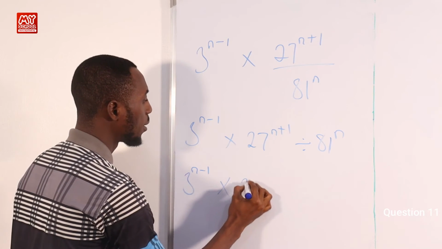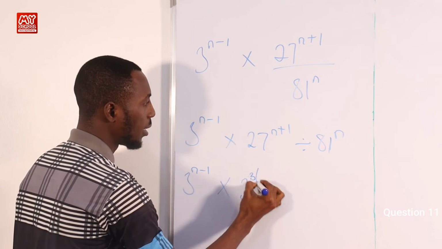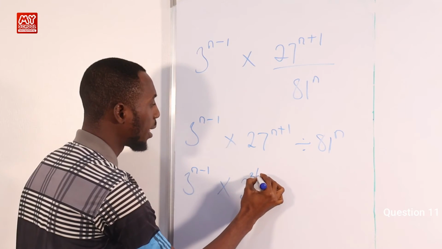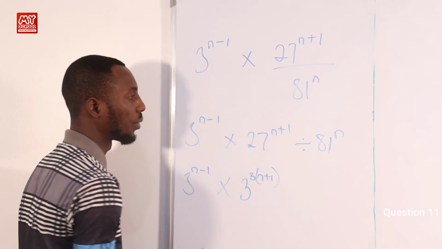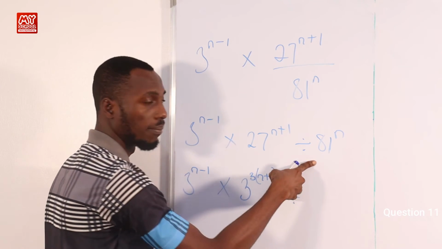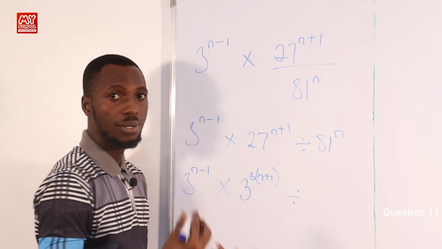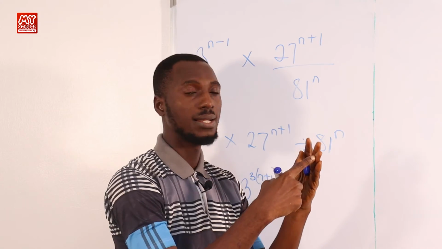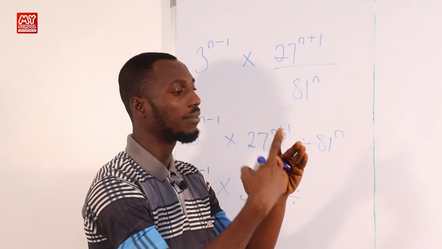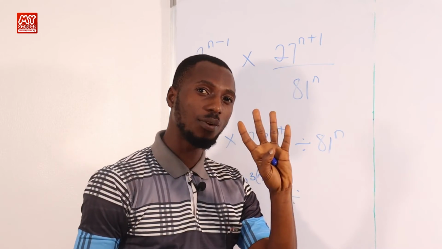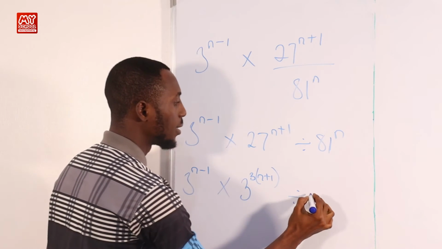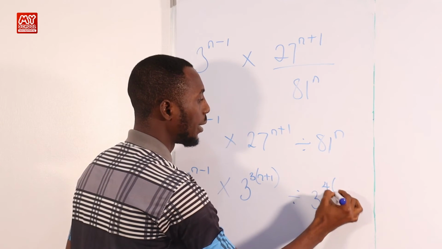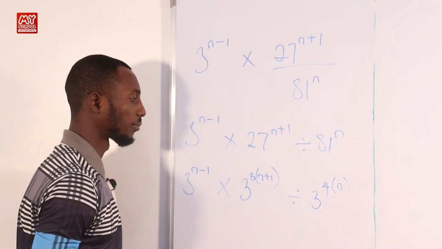So this will be 3 raised to power 3 into bracket this power that we already have here, divided by 81, which is 3 raised to power 4. How do we know? 3 times 3 is 9, times 3 is 27, times 3 is 81. So 81 is 3 raised to power 4 into bracket n.